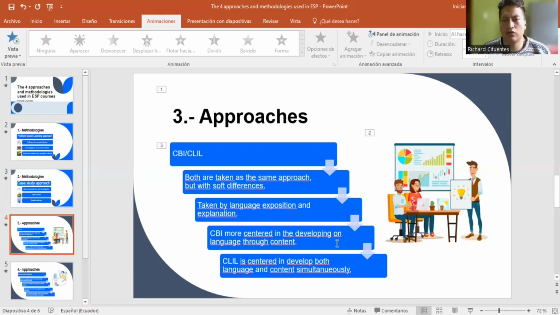It's more used, I suppose, for children, and CLIL is centered on developing both language and content simultaneously. Both are quite similar, and I know that this is the main approach suggested in the Ecuadorian English curriculum.